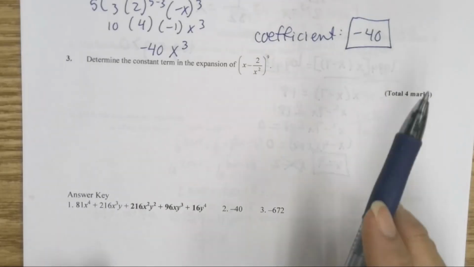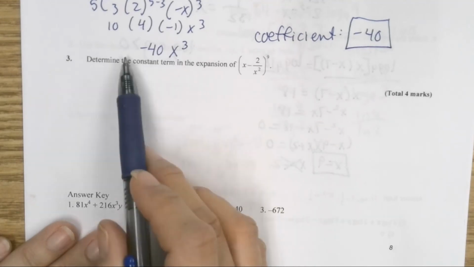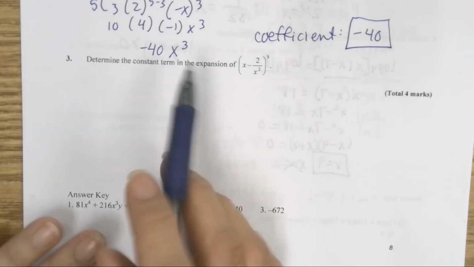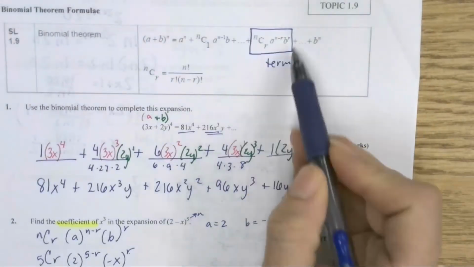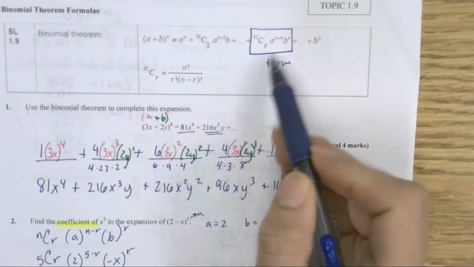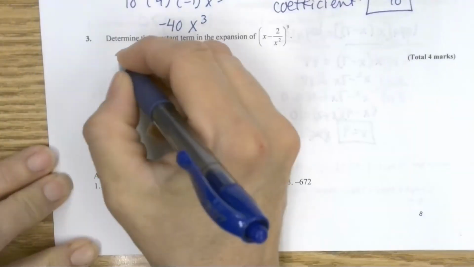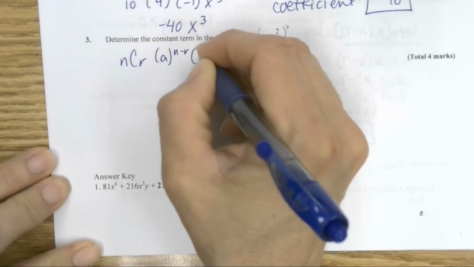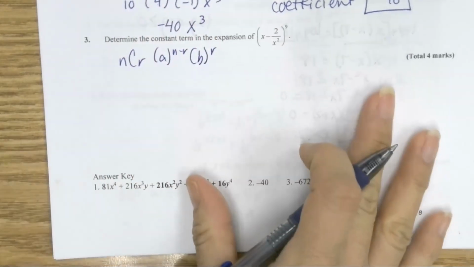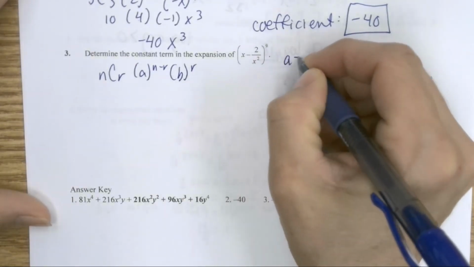Okay, so I'm going to start by just finding the formula for one specific term. So I'm coming back up here. I'm going to grab this general formula for a term. So nCr times a^(n−r) times b^r. And let's identify what we know. So we know a is x.